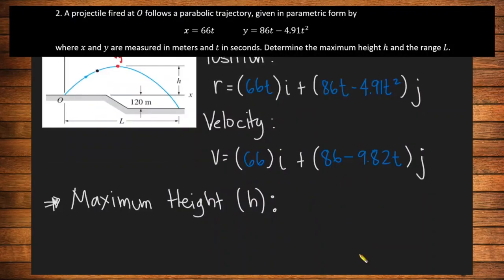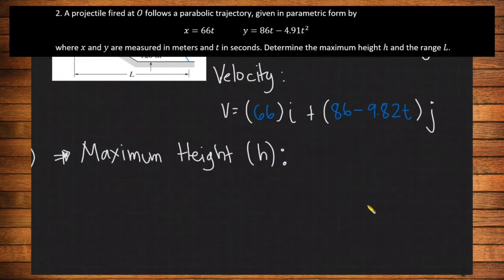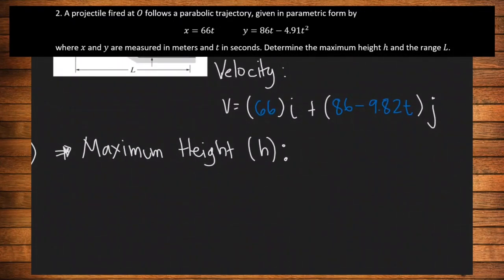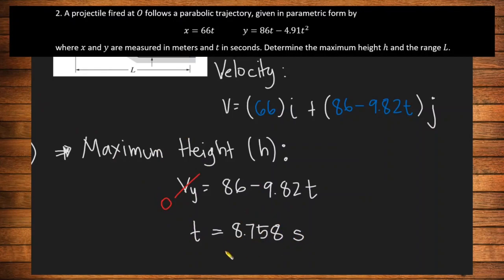Using the y component of our velocity vector, makukuha natin yung time t when our projectile reaches its maximum height. So the y component of our velocity, again, that is 86 minus 9.82 t. I will just set our vy equal to 0. So solving for t, that will be equal to 8.758 seconds.